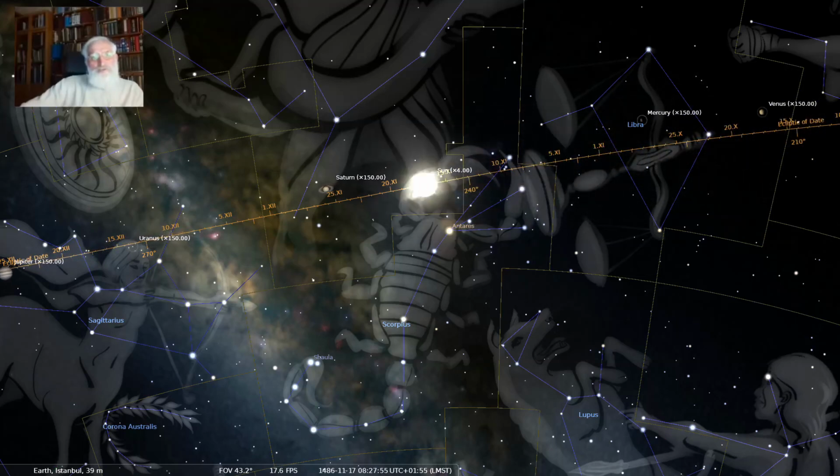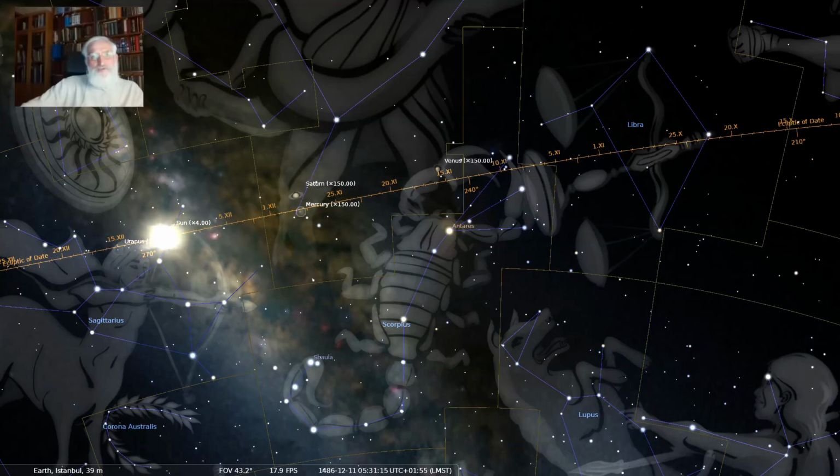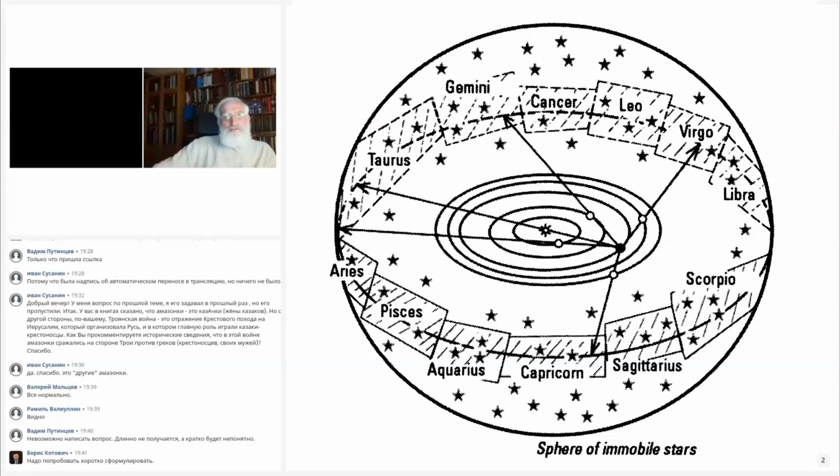So, all these moving stars or planets move along the same celestial path, namely, along this circle. Today, it's called the ecliptic, but in ancient times, it was called the zodiac and was marked out.